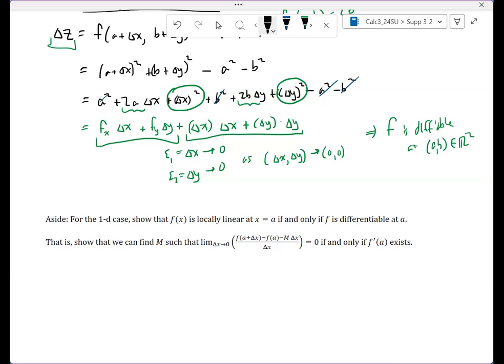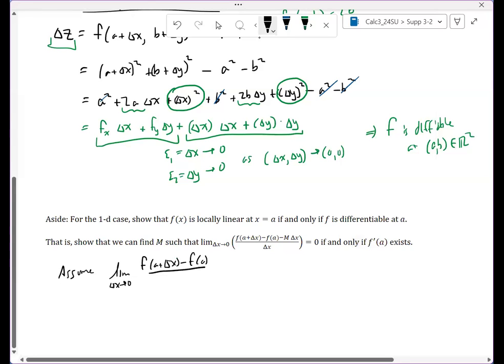Well, let's start by going left to right. So let's assume that this limit with the minus m delta x up here is 0.